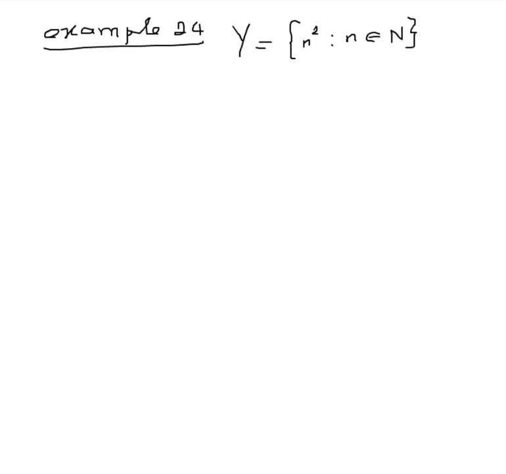Then example 24. Let Y set be set of all n squares such that n belongs to the natural number set N, which is a subset of N. That means I can say that in Y we have only perfect square natural numbers like 1, 4, 9, 16, etc. And the function f is from set N to Y as f of n is equal to n square.